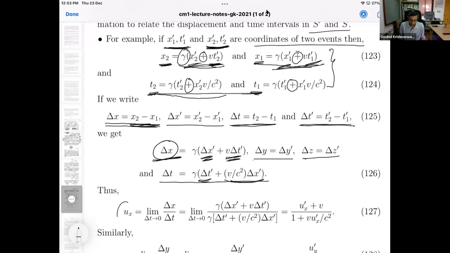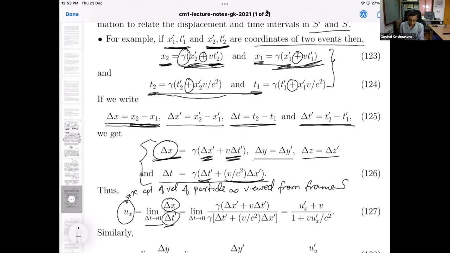So let us compute ux. Okay, so ux is the x component of velocity of particle as viewed from frame S. That is what ux is. Well, by definition, it is a limit of the difference quotient delta x by delta t. So I substitute for delta x and delta t from equation 126.